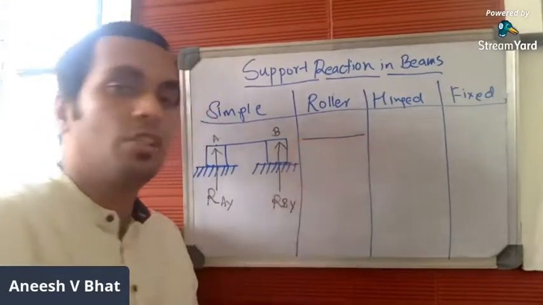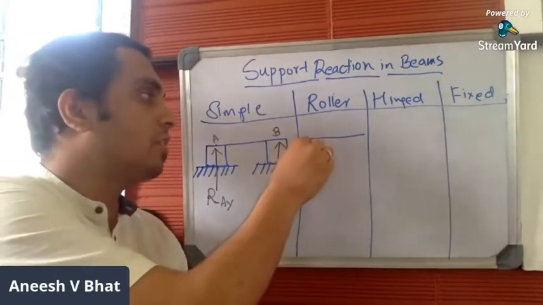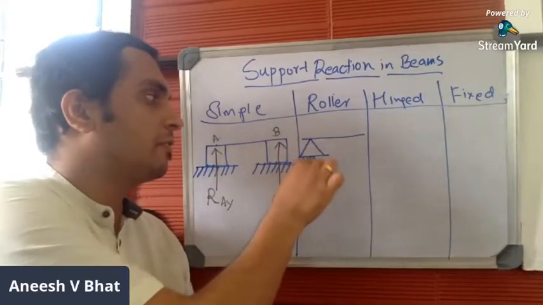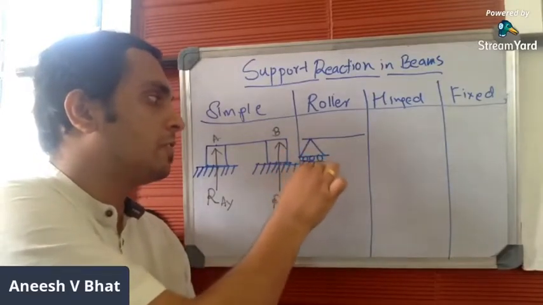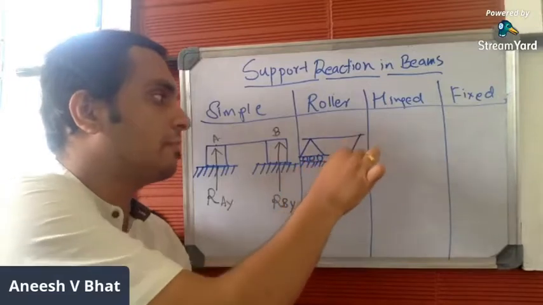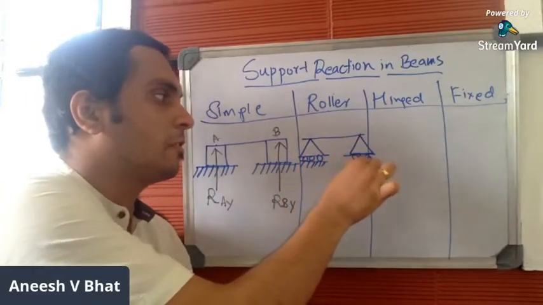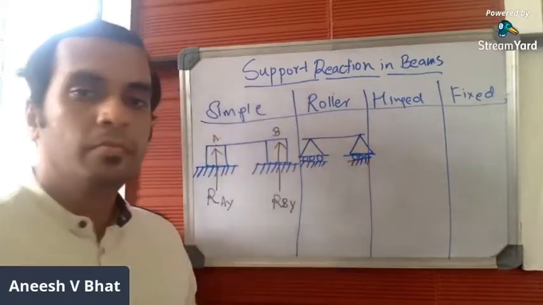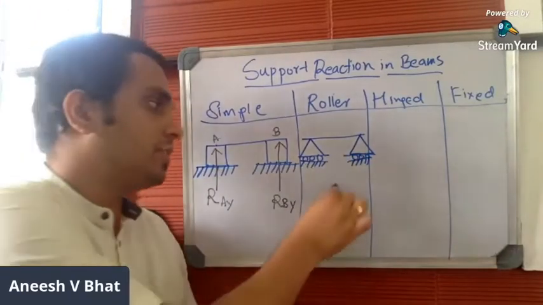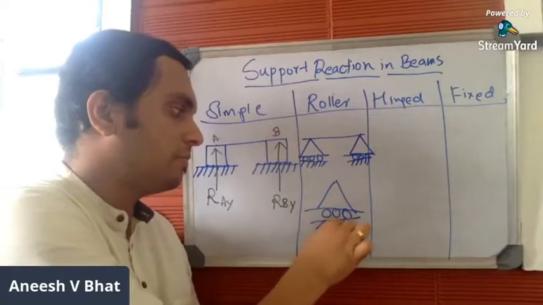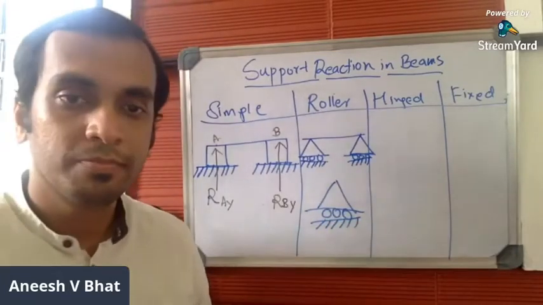Let me consider another cross section. Roller support is always drawn in this way. This is how you draw it.